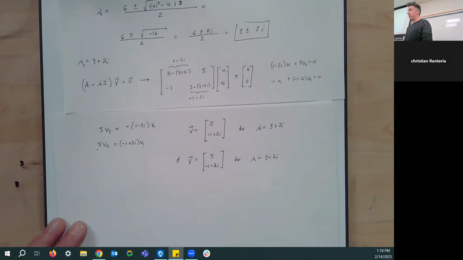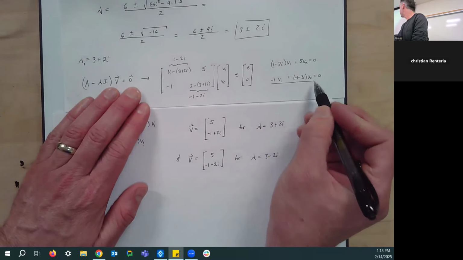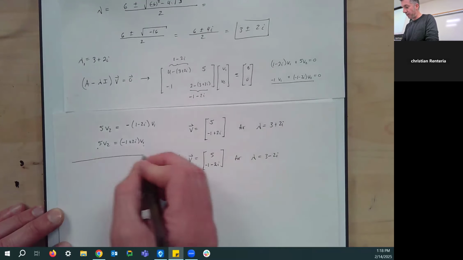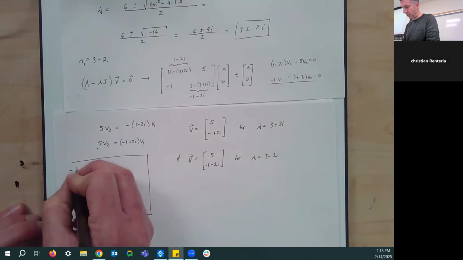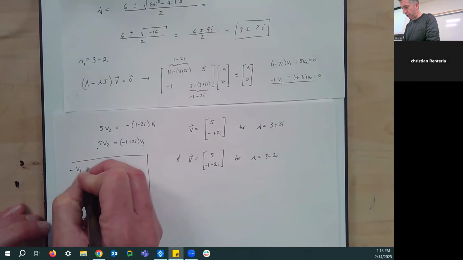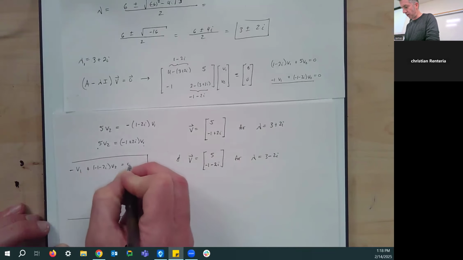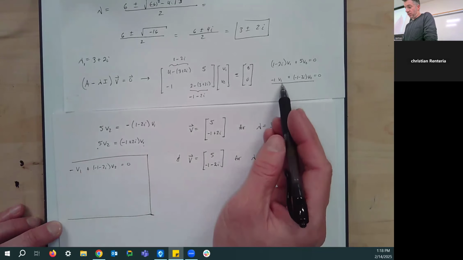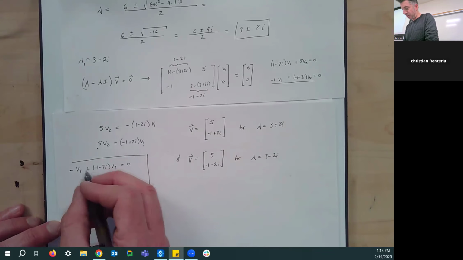Just so we can be confident about this, let's look at the second equation as well, so you can be convinced that either equation is going to be good here. If instead I had used the equation negative 1 times v1 plus (negative 1 minus 2i) times v2 equal to 0, let's bring this one to the other side.